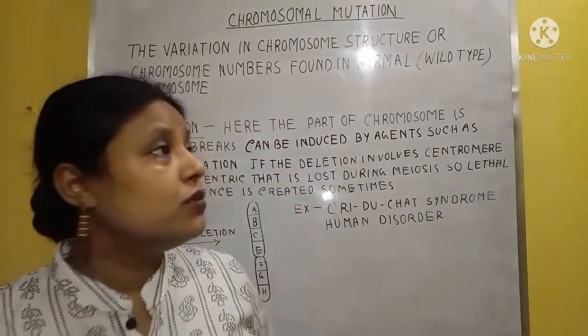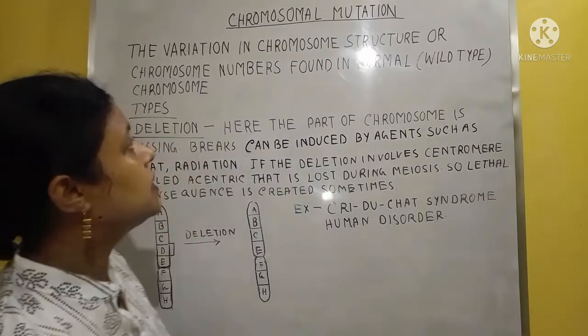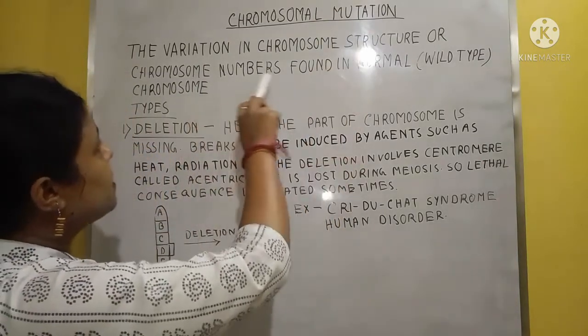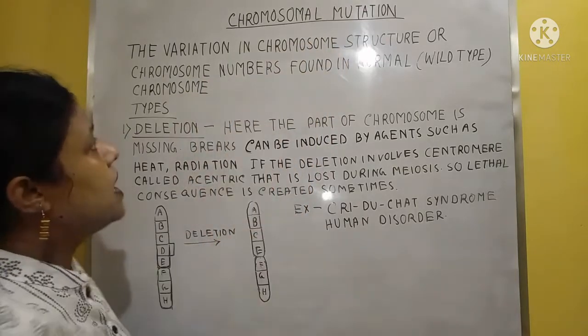Clear? So first today we learn what is the chromosomal mutation. Chromosomal mutation is a variation in the chromosome structure or the chromosome number found in the wild type chromosome.